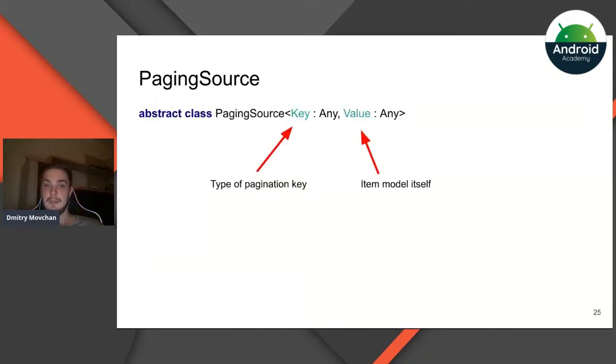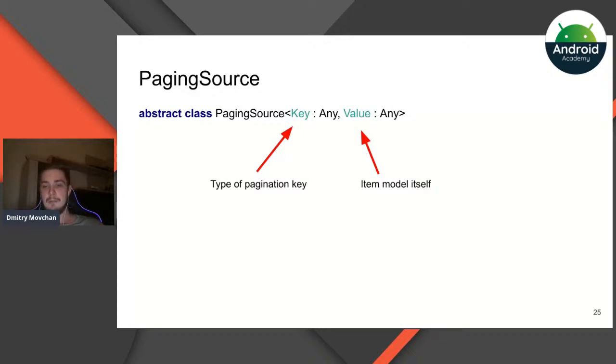The PagingSource is a usual abstract class where we have two generics. The first of them is just Key. It will be the type of the pagination key. For example, if your backend supports pagination by tokens, it will be strings. And if your paging is just by some keys, it will be, I guess, the usual integer.